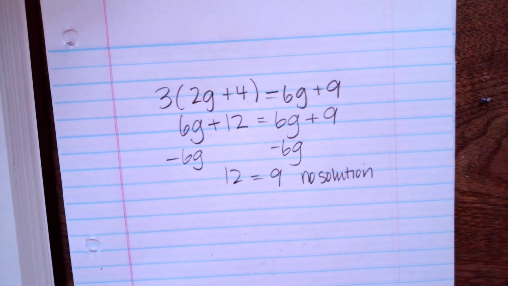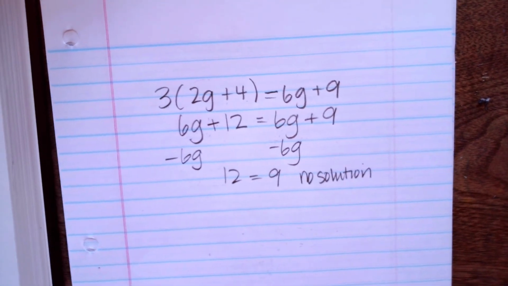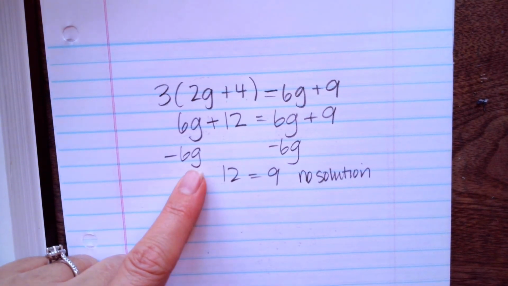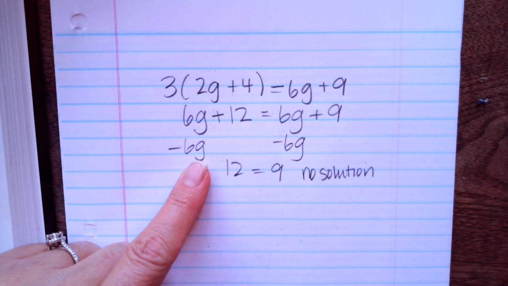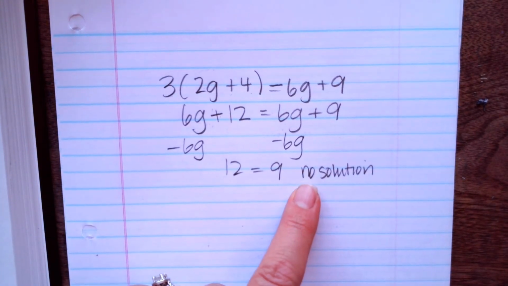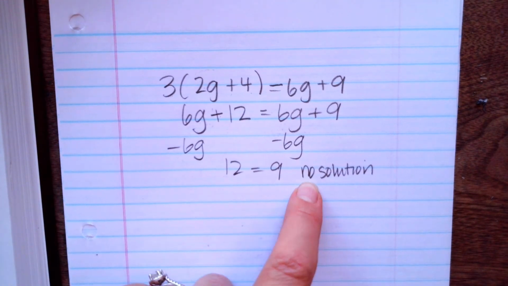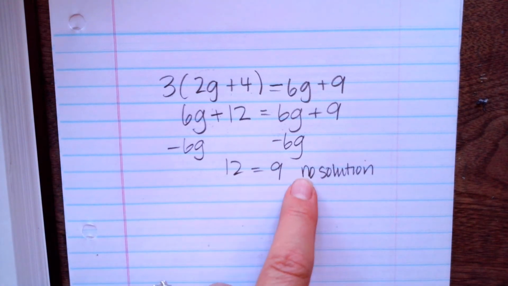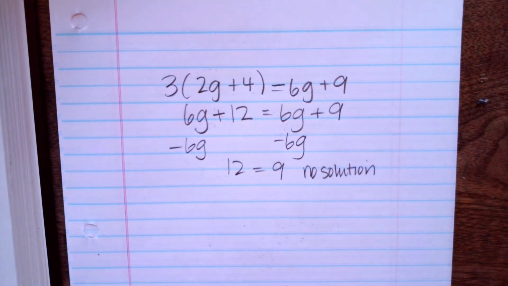I know, it's kind of crazy, but that is what it is. So here's the thing. If we cancel our variable out, which is our G, this is the answer. You do all the work and then you write no solution and you are correct. That is the answer. The answer is no solution. And so you would go 12 equals 9, no solution, and you would be correct. That is the answer.